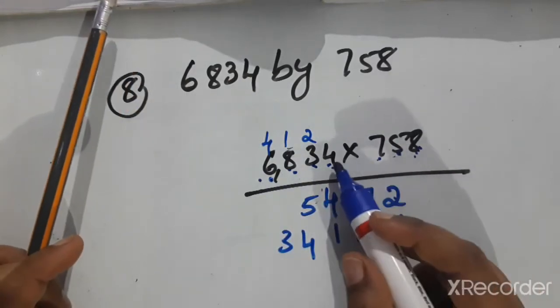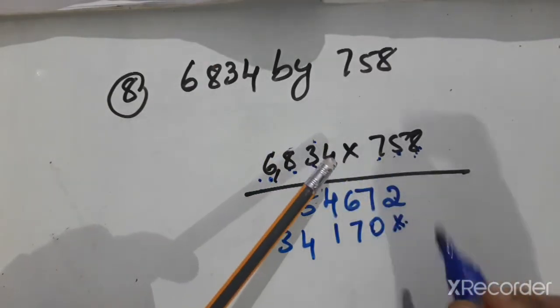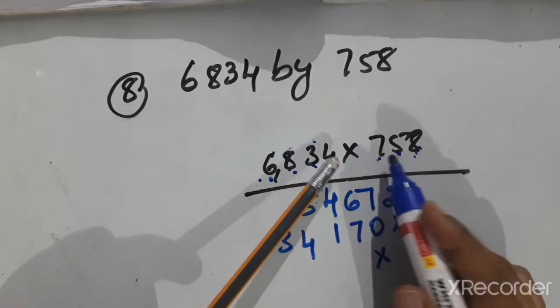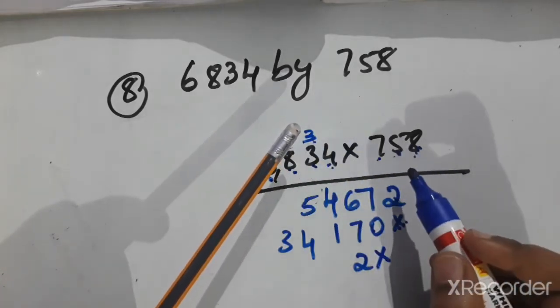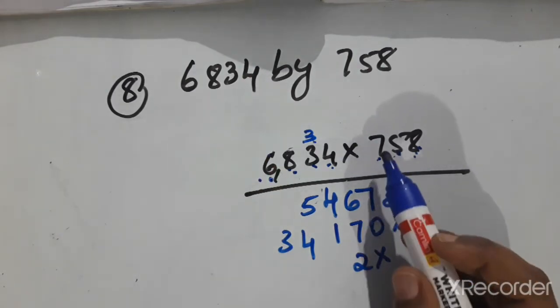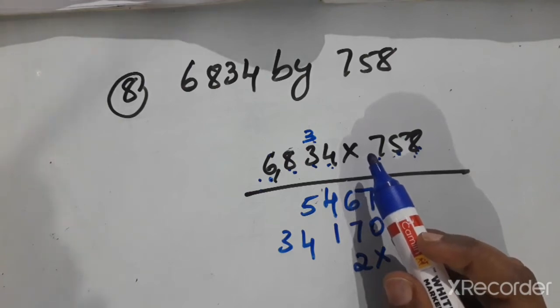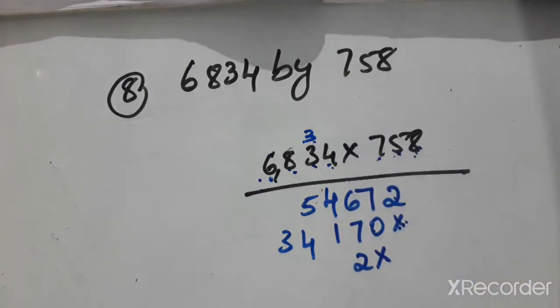Now with 7 we have to multiply each number. Now 7 into 4. So leave one space. 7 4s are 28. So leave one space and write down, children.